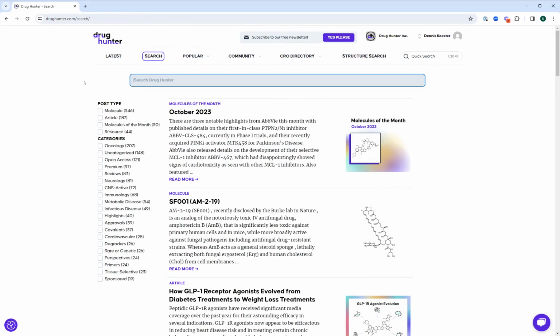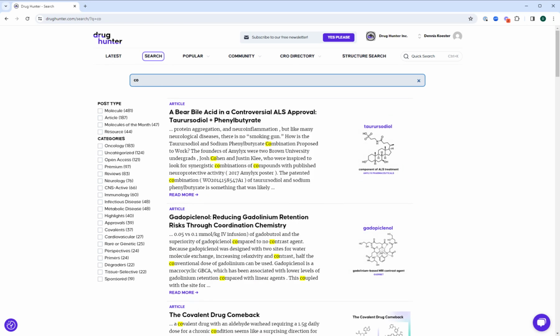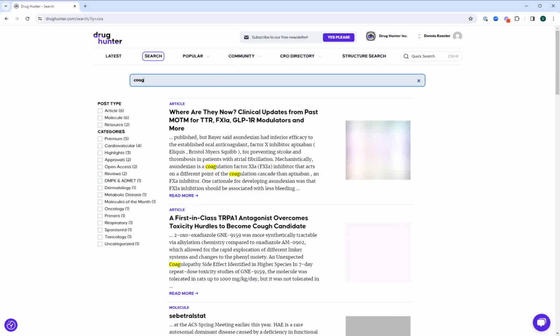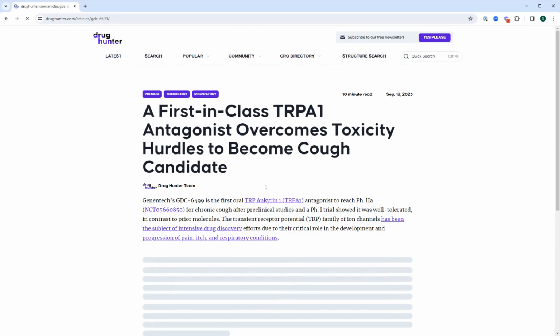This is particularly useful for our case studies. We have about 550 case studies to date, and we're publishing more and more of those. So if you ever see a certain tox phenomenon, like a bleeding phenomenon, occurring in your tox study, you want to quickly understand whether other people have seen this before.